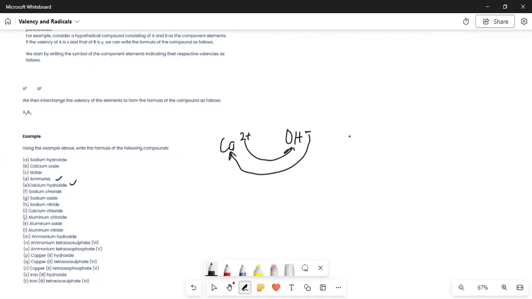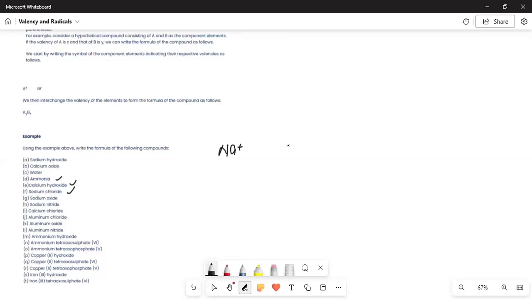So that the chemical formula is Ca, and because the 2 affects a group, that is 2 atoms, oxygen and hydrogen, we're going to enclose this OH in a parenthesis. Understand? So the chemical formula for calcium hydroxide is Ca(OH)2. The 2 affects this group, this hydroxide group.